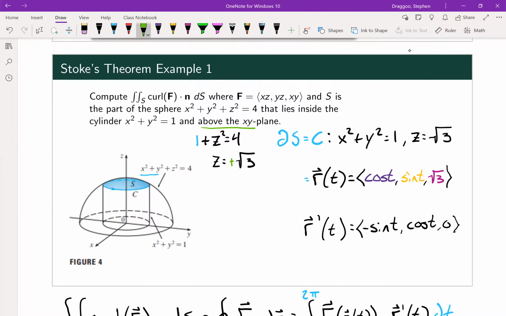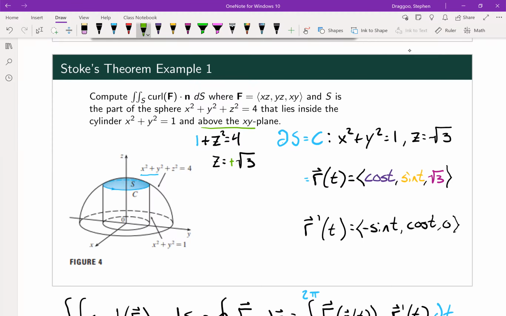And z we found was the square root of 3, so we'll parameterize z with just the square root of 3. We're also going to need r prime. So we'll take the derivative of that boundary curve and get negative sine t for the i position, cosine t for the j position, and 0 for the k position. All right, that's all the setup that we're going to need.